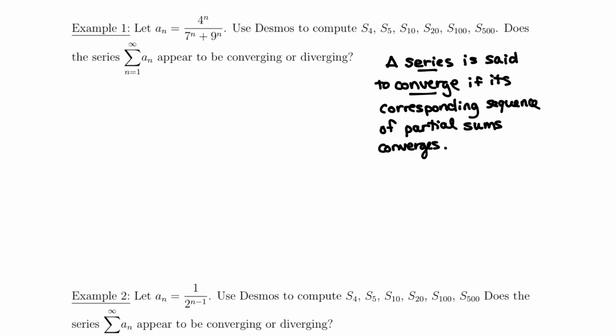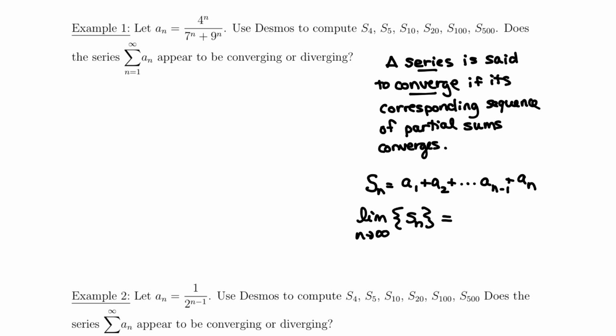And that means that if we look at the nth partial sum, and if we let that nth partial sum run n to infinity, if that thing exists, then we say that's the sum of the series, okay?